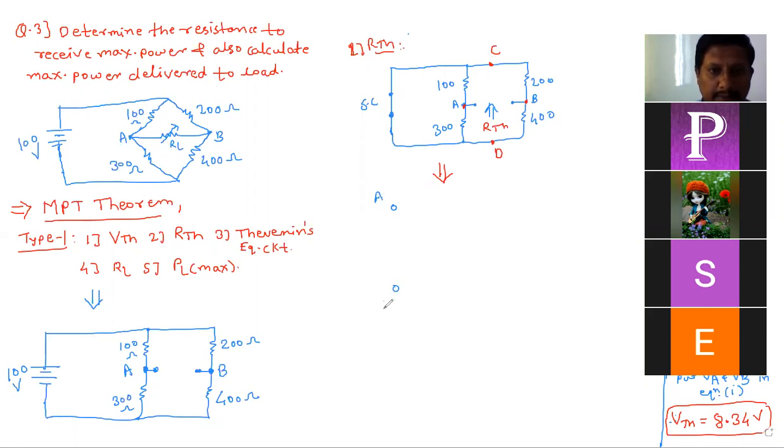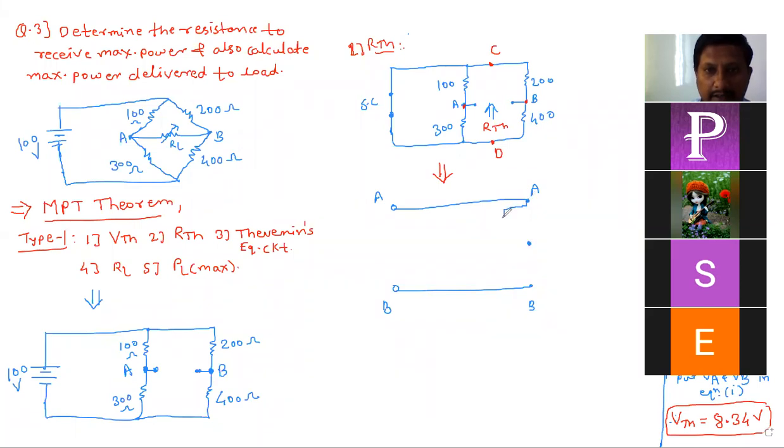A point I will take here because it is the same, B I will take here. So between A and C, 100 ohm is there, and between A and D, 300 is there, but C and D both are the same.